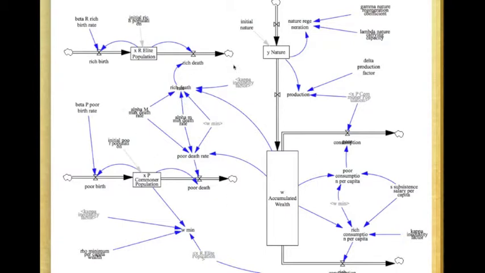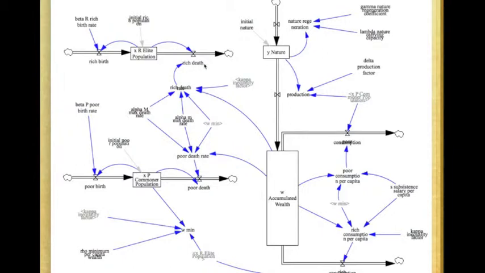to walk you through the general structure, and then what you have is the 4 stocks. Okay, the elite population, the commoner, nature, and accumulated wealth. The elite population has a birth rate and a death rate.